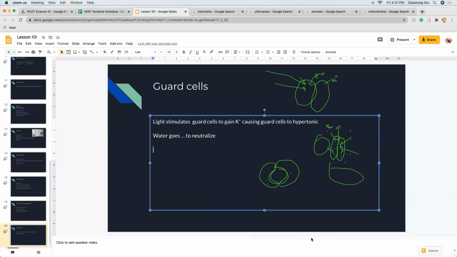I need to draw arrows. Sorry, whoosh. And then this goes to this. Water goes in to neutralize the hypertonic solution.